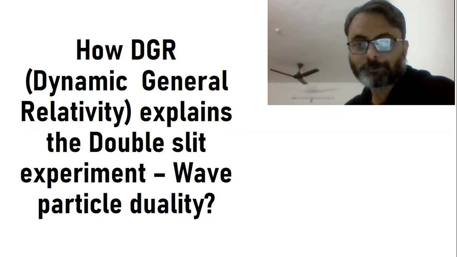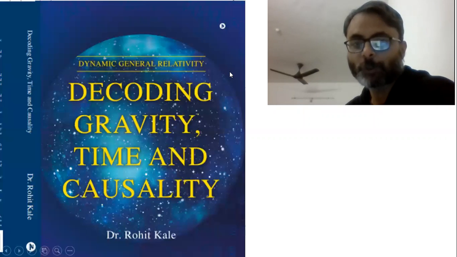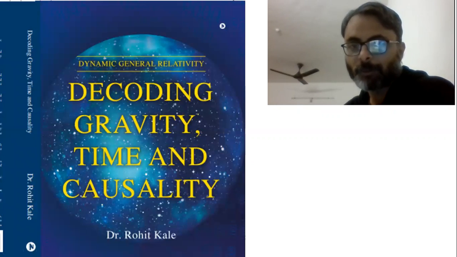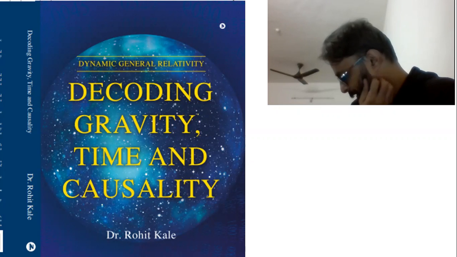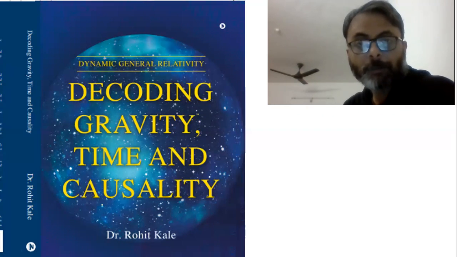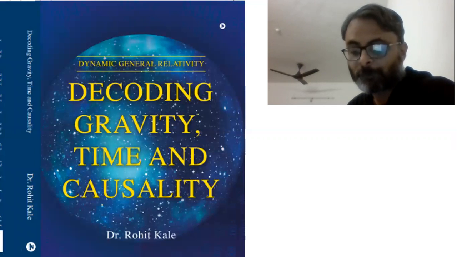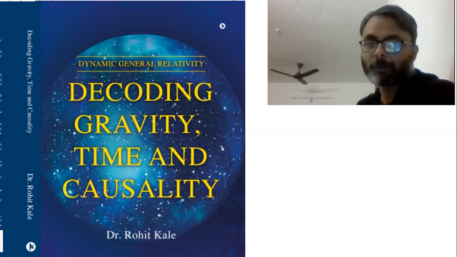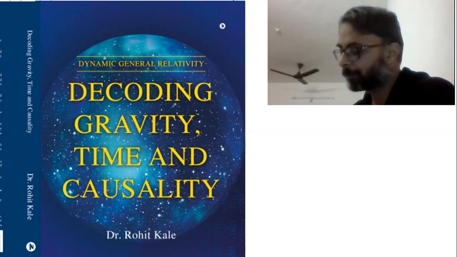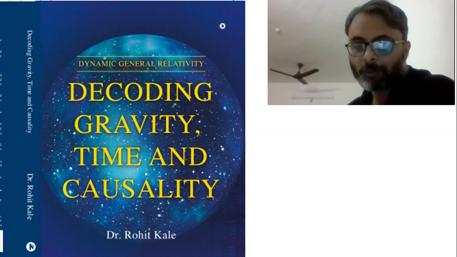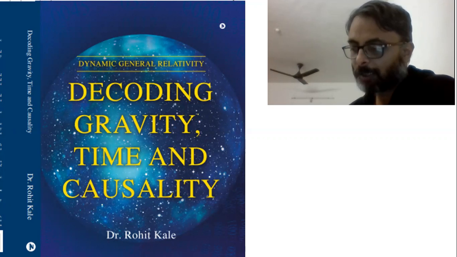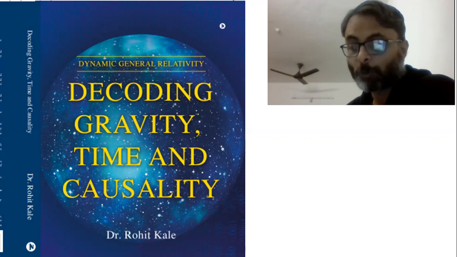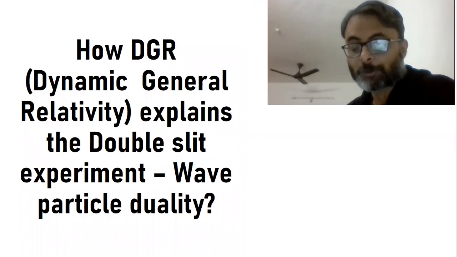I am the author of this book by Rohit Kale, which describes one of the new theories of quantum gravity and a potential theory of everything called Dynamic General Relativity. So from this book, how Dynamic General Relativity explains quantum mechanics is what we are going to discuss today.